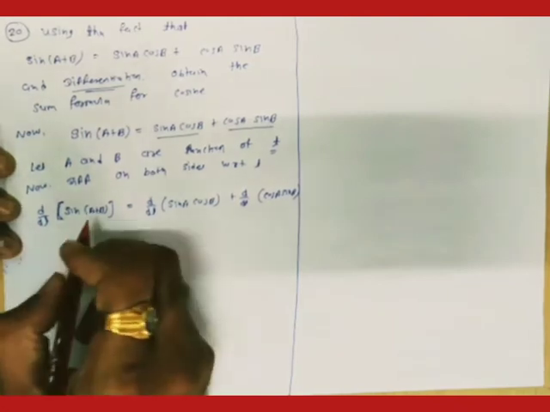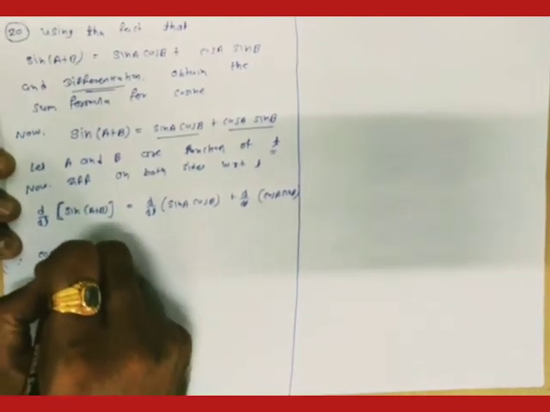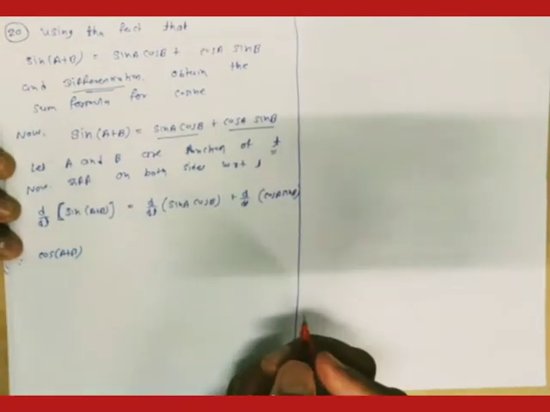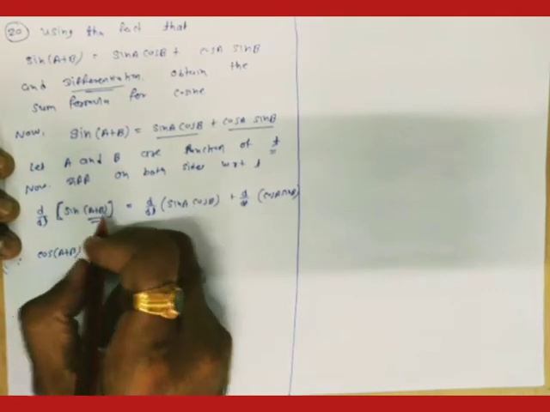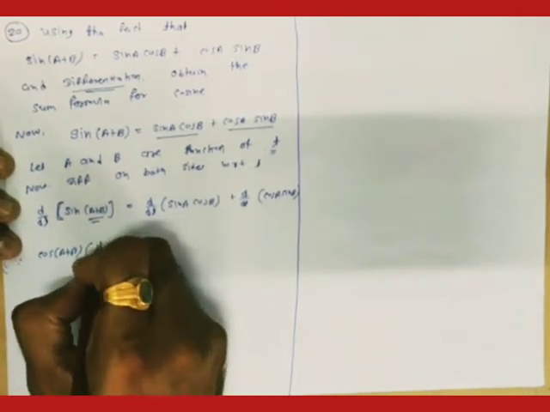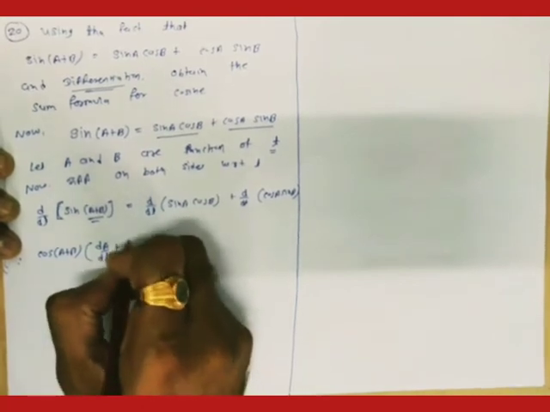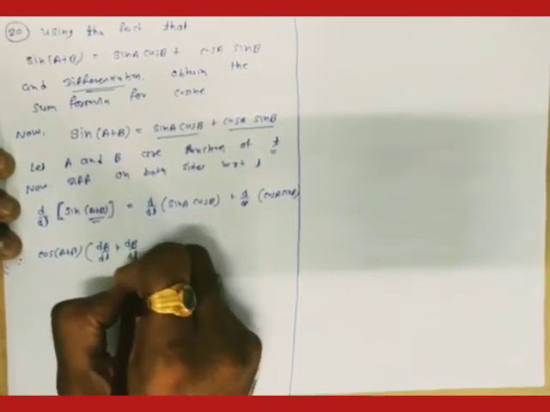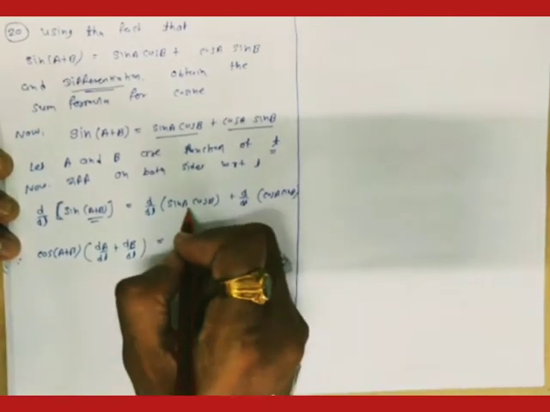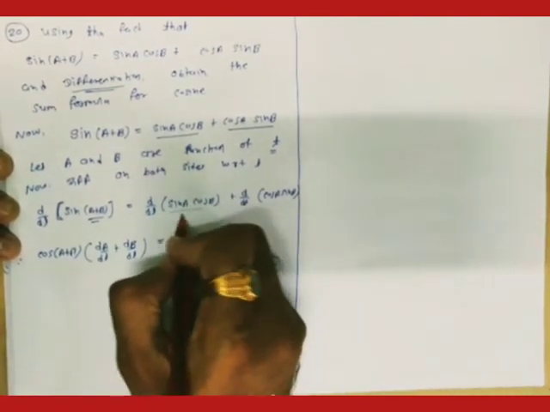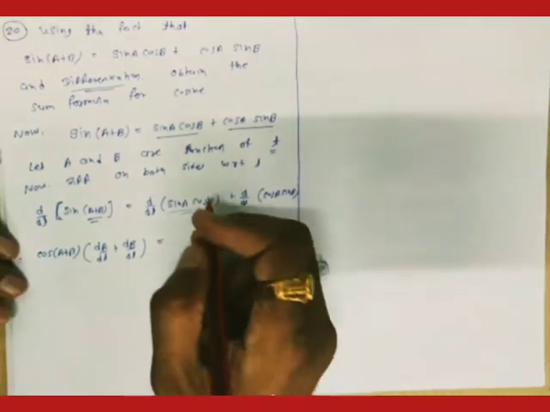Differentiation of sine is cos, so it's cos a plus b, and again differentiation of a plus b with respect to t is dA by dt plus dB by dt. Equal to, differentiation of sin a into cos b. These two ratios are in multiplication, so you have to apply the product rule.